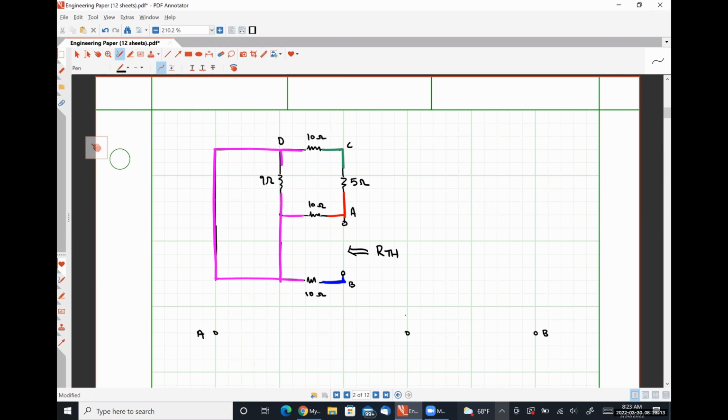So I'm going to put D here. There's my 10 ohm resistor, and I'm going to check mark by it because that's the one that I used. I can go directly from A to D through this 10 ohm resistor.